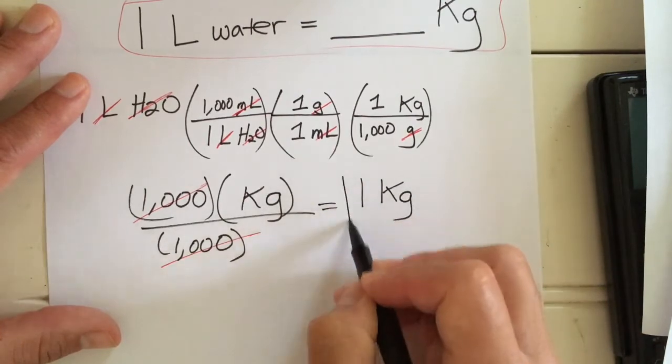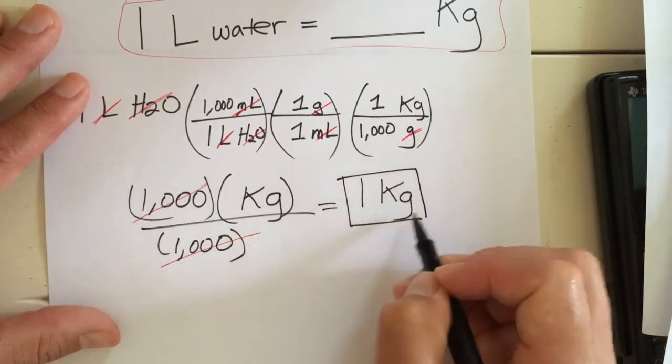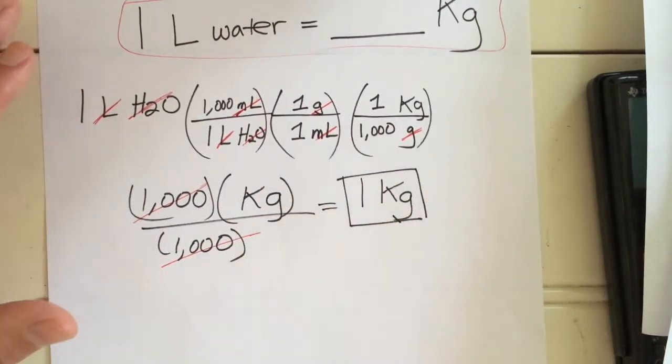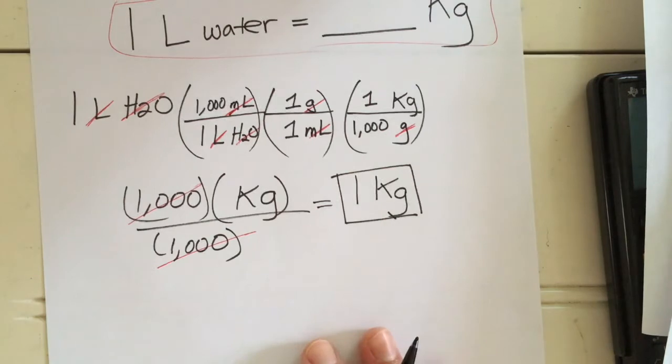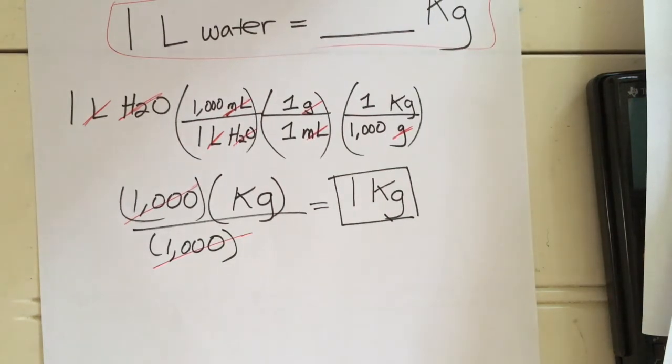So if we measure out a gram of water, it was 1 milliliter. If we measure out a kilogram of water, it was 1 liter. And that's pretty cool to know. So there it is. All right, let's do one more problem.